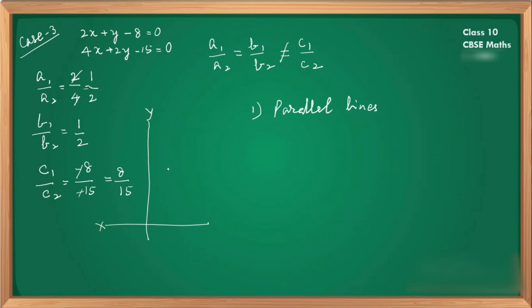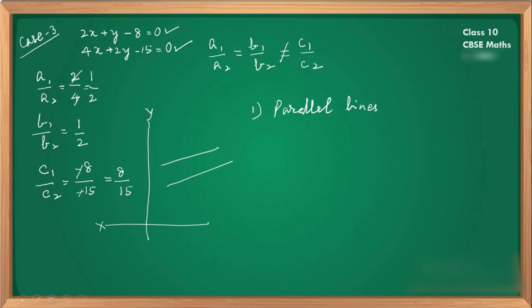When you draw a line for the first equation, suppose this is the first equation line, and when you draw another line for the second equation, that would be like this. That would be going parallel. As long as you move, the lines will never intersect. They will be parallel all along. That's why it's called parallel lines.